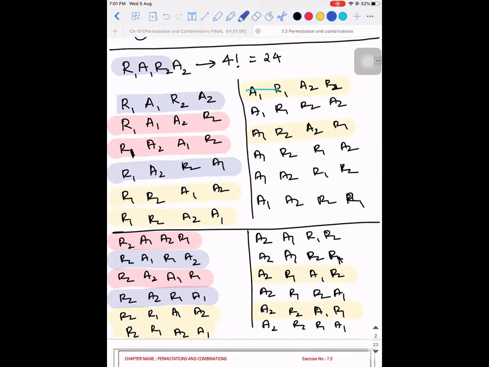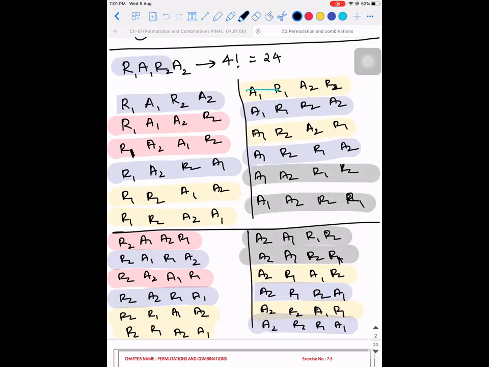A1, R1, this thing is same as this thing is same as this. Now the last combination that is left out is this part. So actually how many words are there? Tell me. 6. Is it 6? So there are only 6 different words.